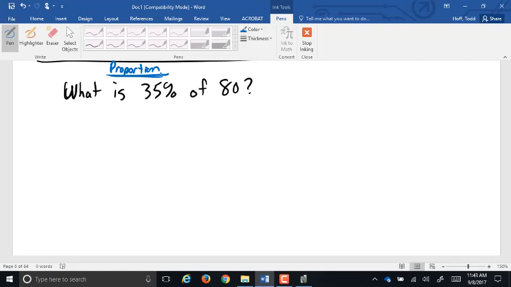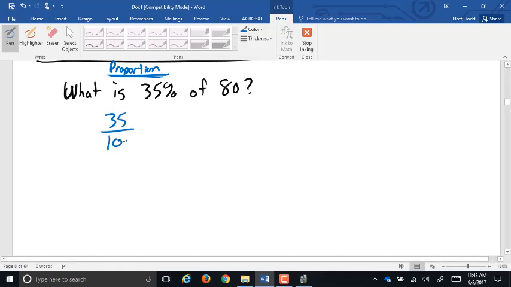So the percent, 35%, we know is 35 over 100. And that's always where we're going to start. The 35, the number that's from the percent itself, represents a portion of interest. It's a piece that we're kind of zeroing in on.